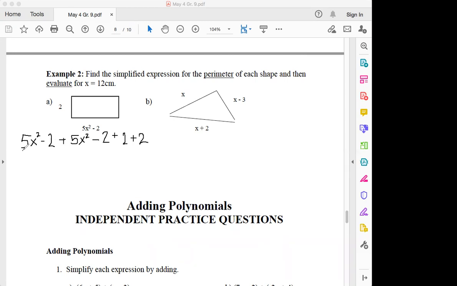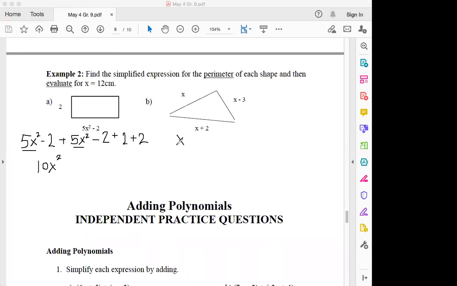Okay, so we've got our like terms: 5x squared plus 5x squared, which will give us 10x squared. And then we've got negative 2 minus 2, which gives us negative 4, plus 2, which gives us negative 2, plus 2, which gives us 0.